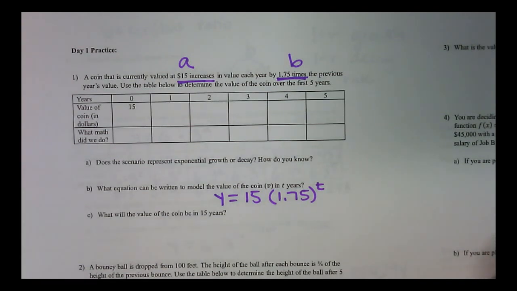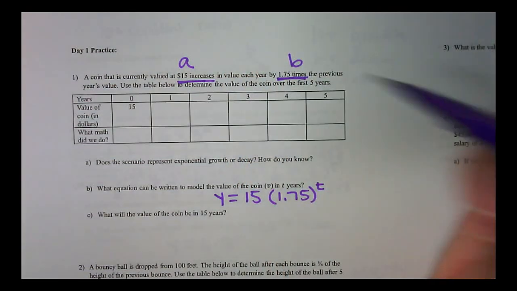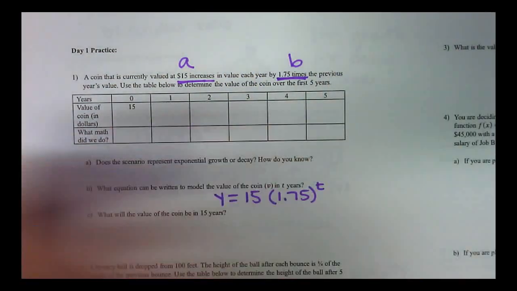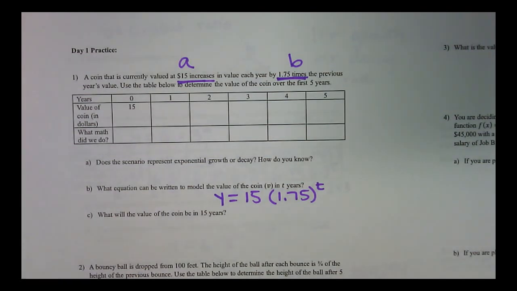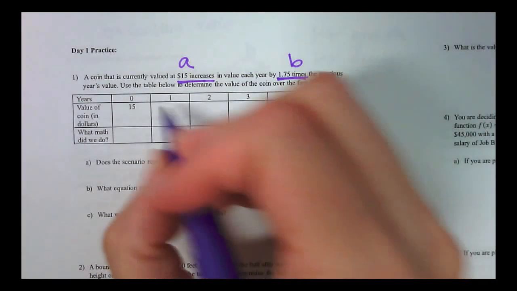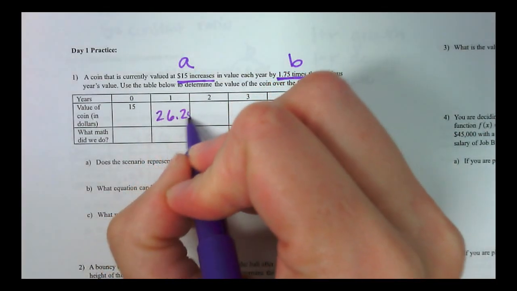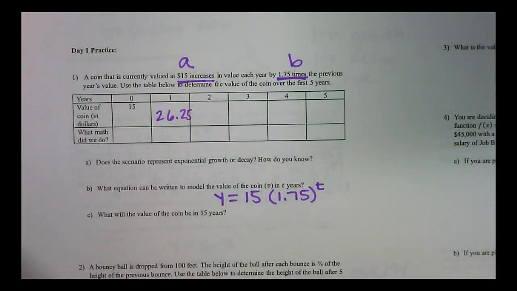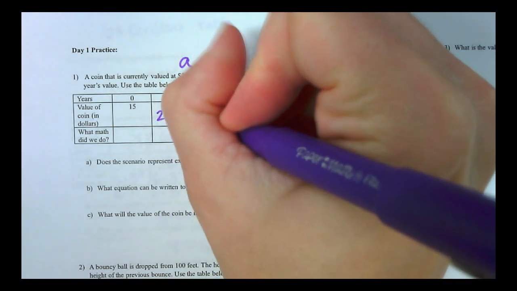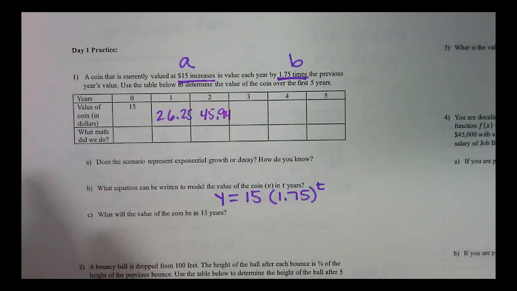Okay, so is it getting bigger or smaller? So we're going to have to do the math, right? We're going to plug in these numbers and see what's happening. Okay, so this is 26.25. This is 45.94.